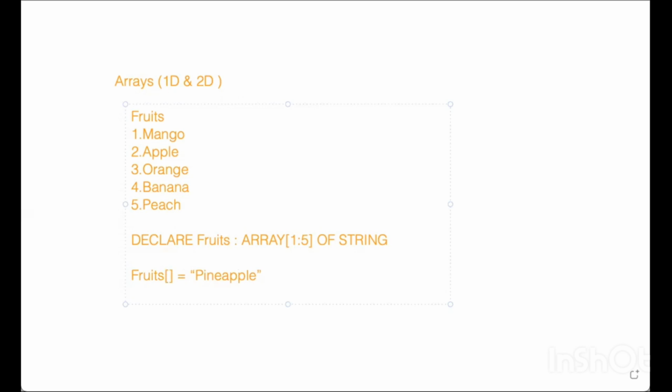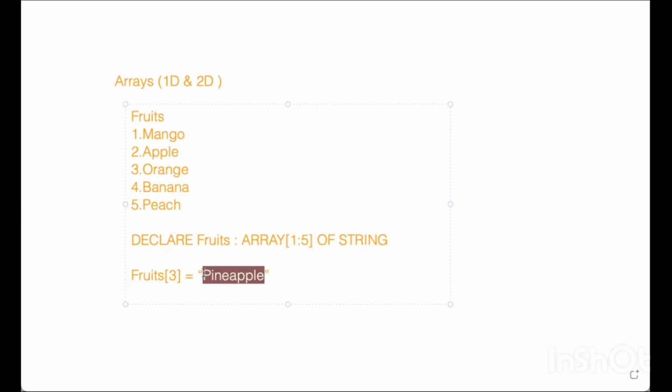And if I write 3 here, that makes it valid. So this statement now becomes a valid assignment statement. The string value pineapple is now stored in the fruits array at the third index.